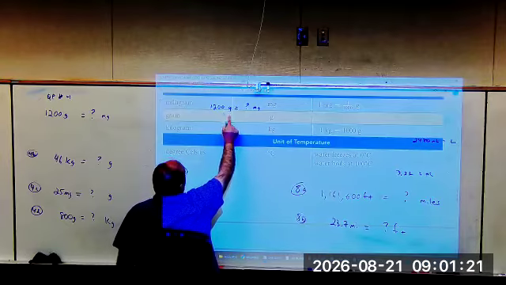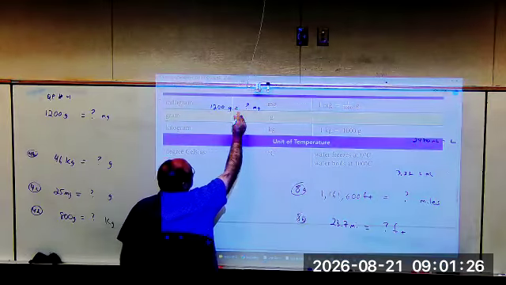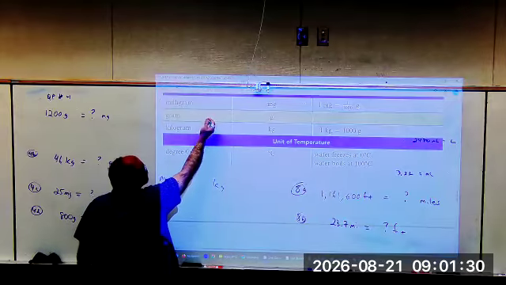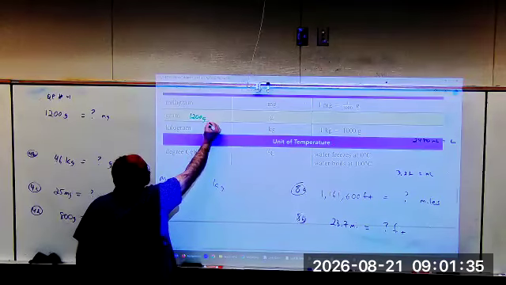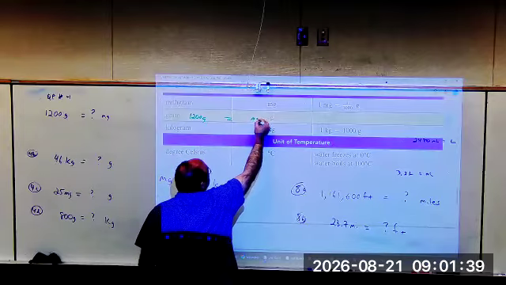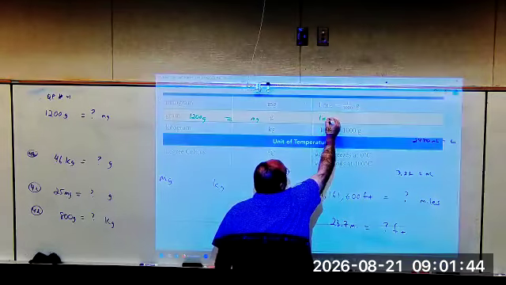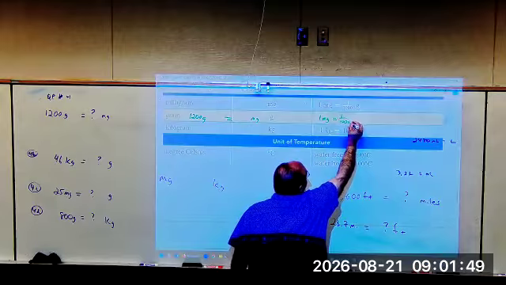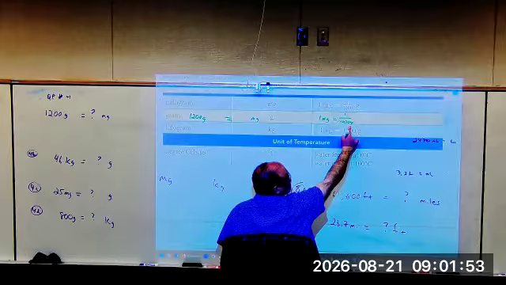So if I want to convert this into milligrams, that means I want to get rid of grams. On the other side of this line, we want milligrams. Over here, 1 milligram is 1 over 1,000 grams. So you would divide by grams, because the grams are in the denominator.